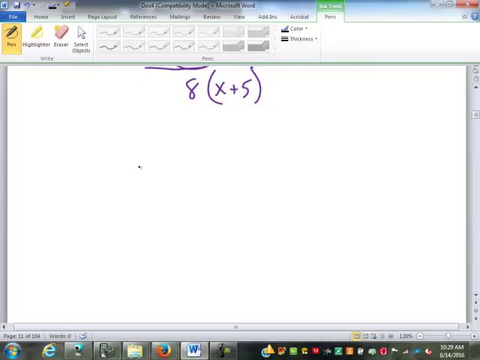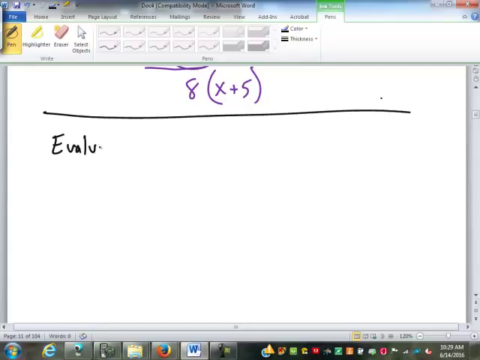Next step now, so let's look at how we work with these symbols and numbers. Once we have them, how can we work with them? Well, one thing we can do is evaluate an expression. The command evaluate, remember I talked about keywords and cues? This is one of them.